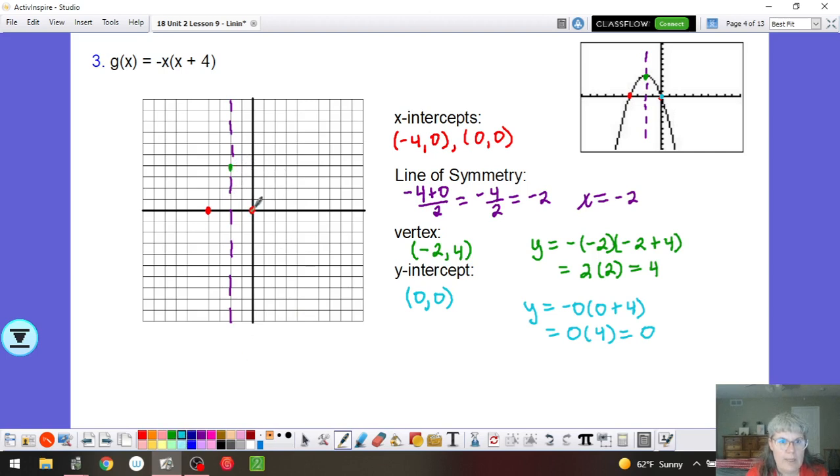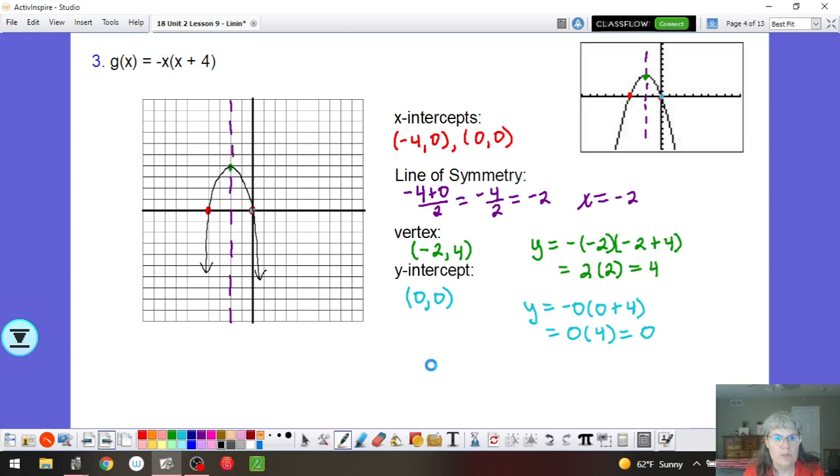Again, that one y-intercept matched an x-intercept. And we can graph our parabola through these points. And it's reflected down or opens downward because of the negative that is in front.